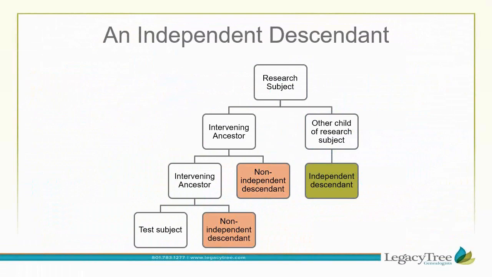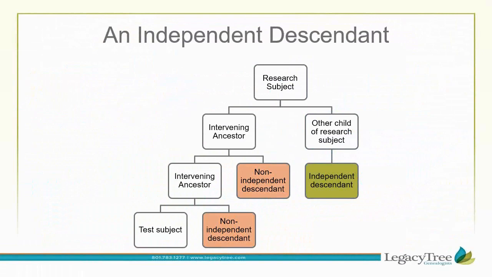And while a descendant of, in this case, the test subject's grandparent, who is also an intervening ancestor, descendants of that grandparent are not independent because those descendants would also bring in genetic cousins who are shared matches to the spouse of that grandparent.